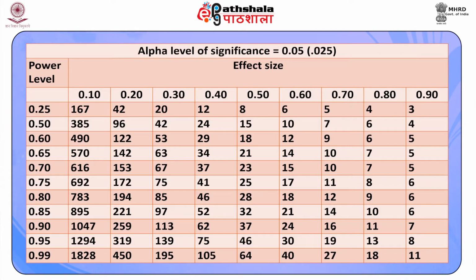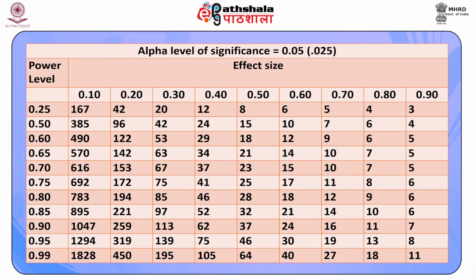The table shows a power table of the n size needed in a correlational analysis. Suppose for a correlational analysis, the alpha level of significance is set at 0.05. The expected effect size is medium, that is 0.30.